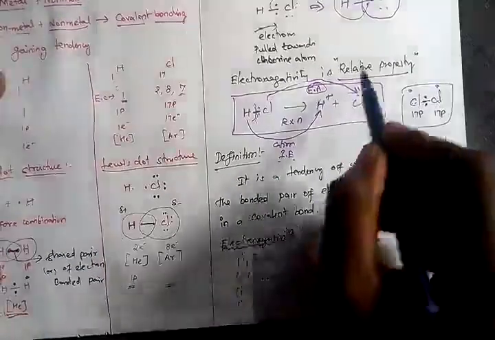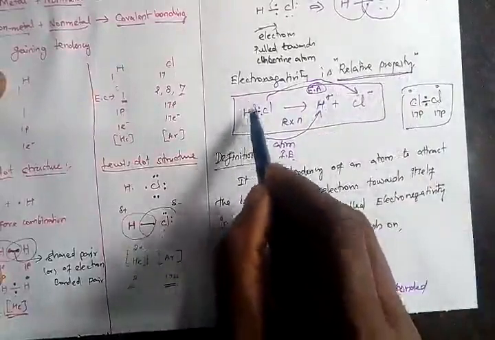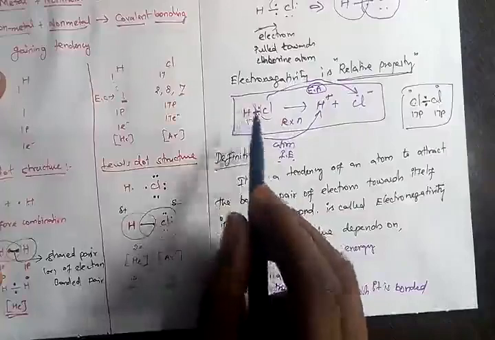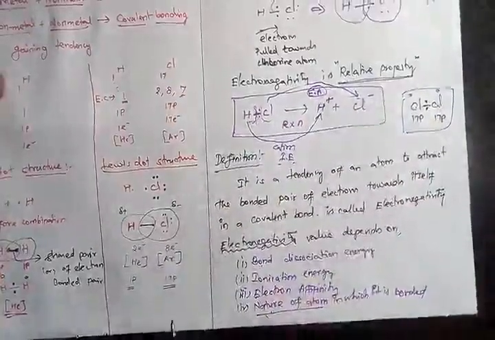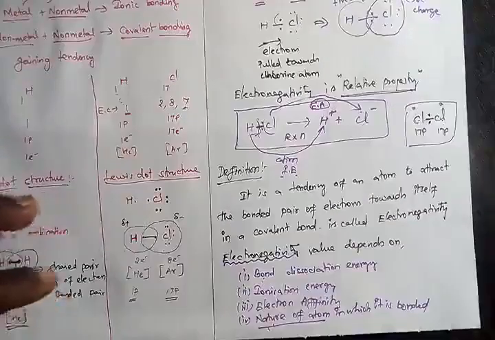I told you it's a relative property because we are comparing the electronegativity of hydrogen and chlorine. We are comparing with the other atom, and only then can we say it, that's the reason it is called a relative property, and all the other periodic properties are not relative properties. That you have to understand.